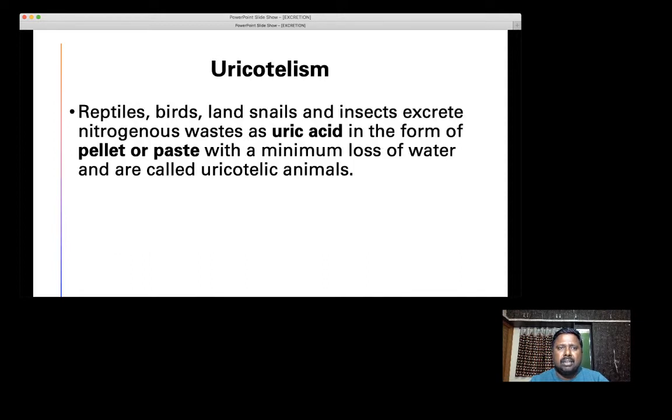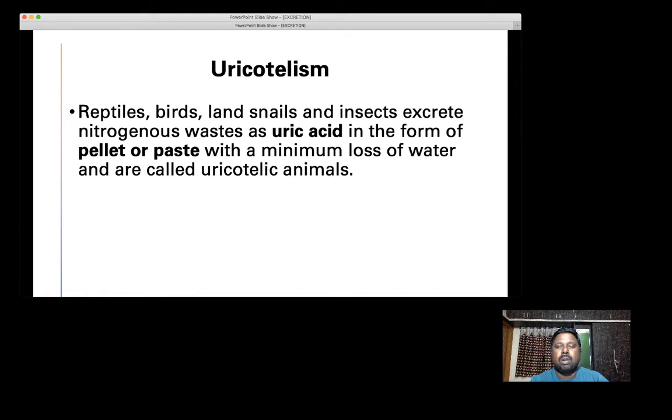Next, we will see uricotelism, another type of waste excretion. Examples are reptiles, birds, and land snails. Some insects also excrete uric acid.